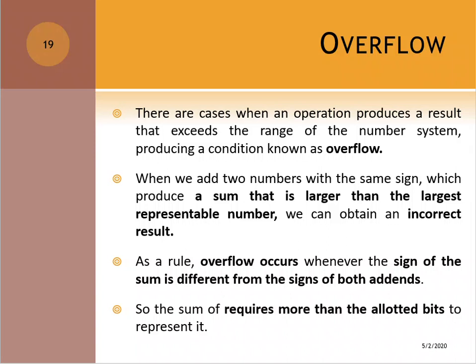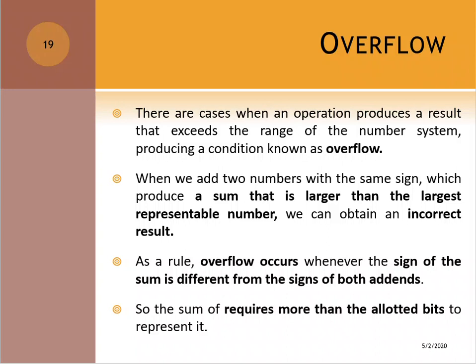Before we go to the next case, let's see one term here, overflow. What does it mean by overflow? There are cases when an operation produces a result that exceeds the range of the number system, producing a condition known as overflow.